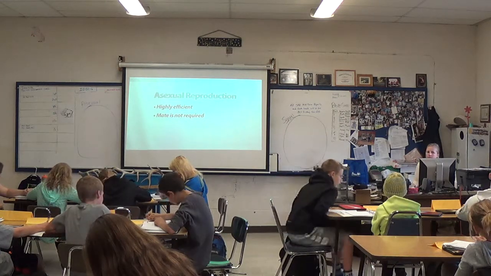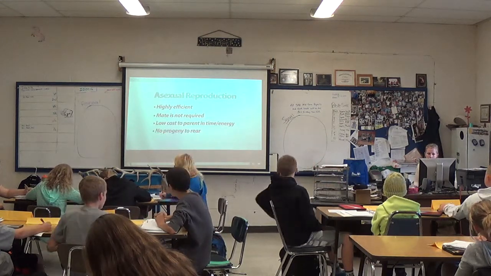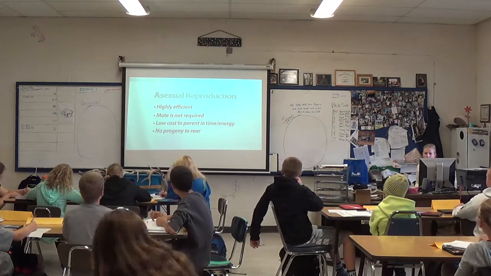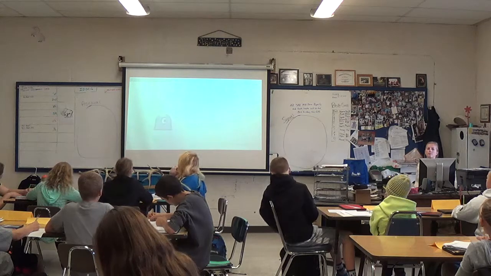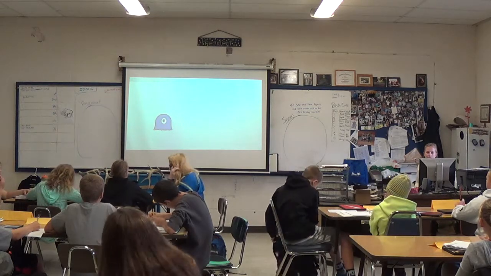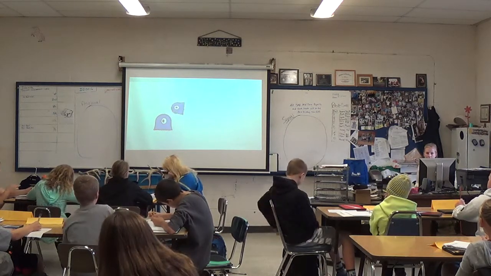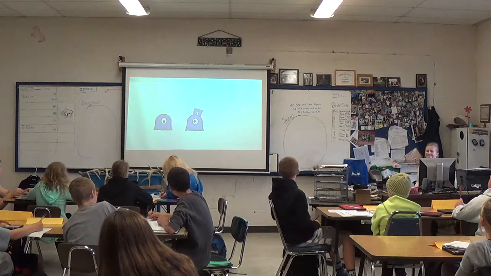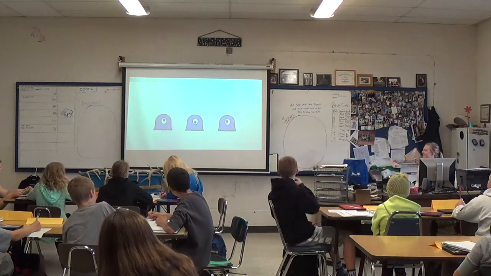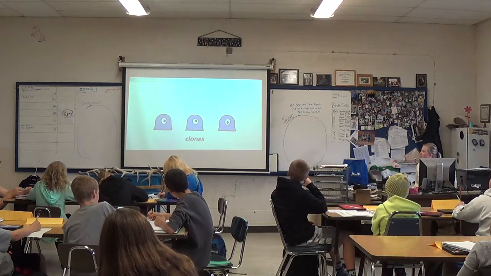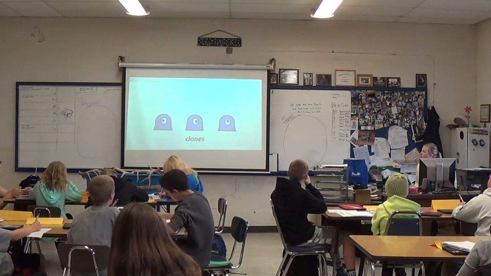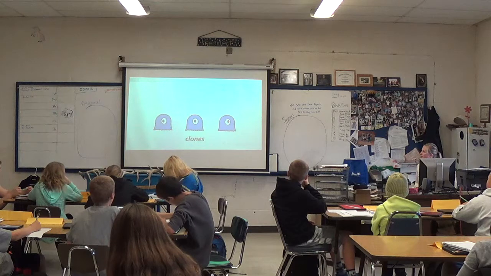The cost to the parent in time and energy is low because there's no progeny to rear. However, this strategy offers little, if any, opportunity for variation in the genetic makeup of asexually reproducing organisms. And since all the individuals in a given population of asexually reproducing organisms are clones, they share the same weaknesses.